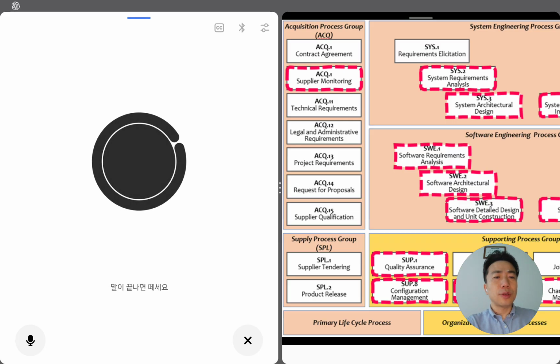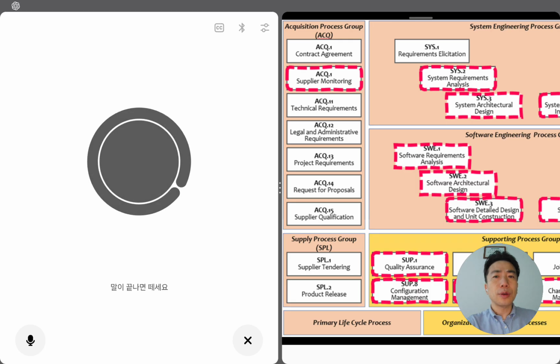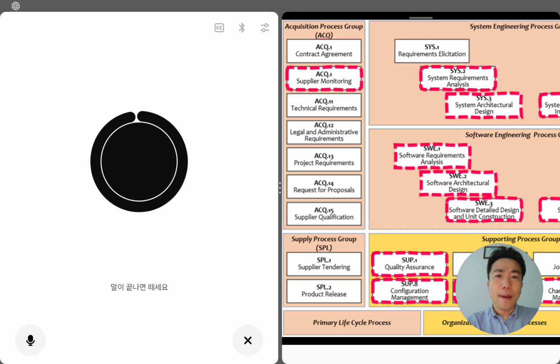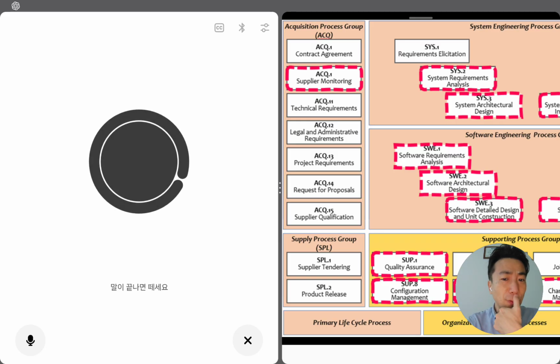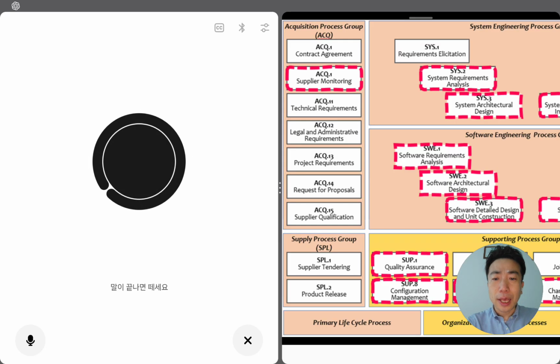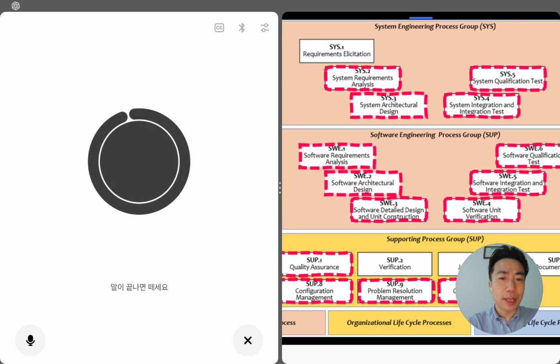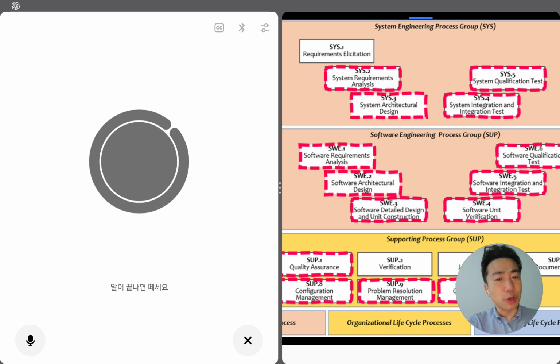Oh my God, GPT, it's very difficult for me. So let's review that process step by step. Like I said, I was responsible for SUP.9. SUP.9 means problem resolution management.